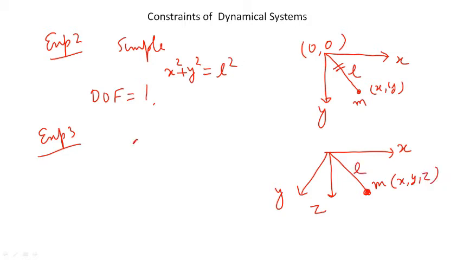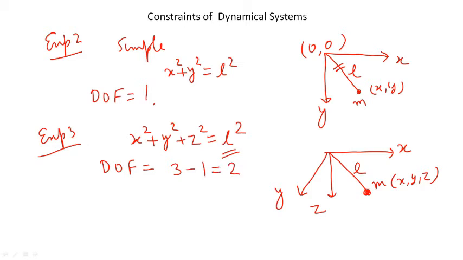So here the condition in this case will be x square plus y square plus z square is equal to L square. Here L is a constant, so the degree of freedom is 3 minus 1 equal to 2, because here there is one restriction, that is L is constant, and the number of particles is 1 and it is a three-dimensional space, so it will be 3 minus 1 equal to 2.